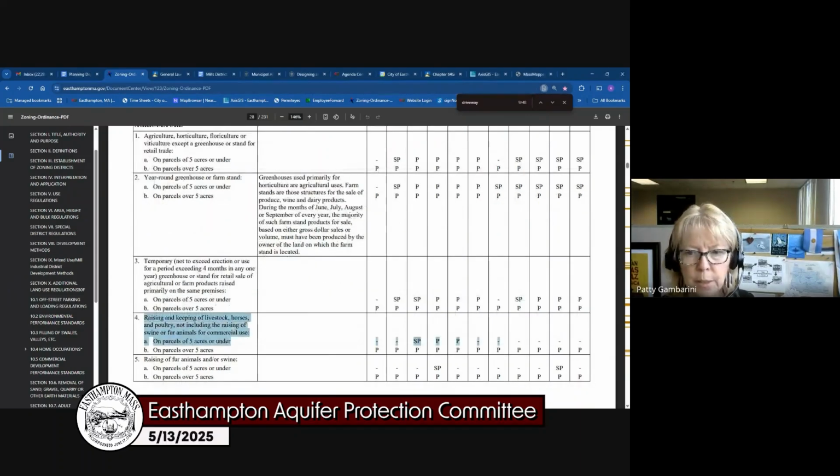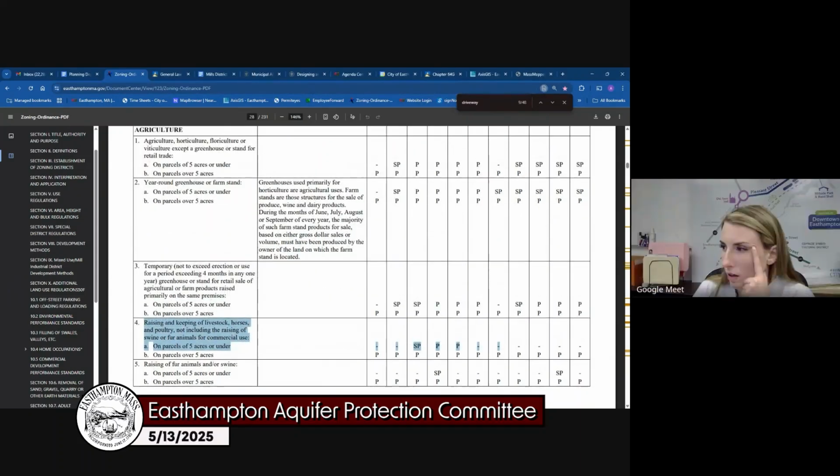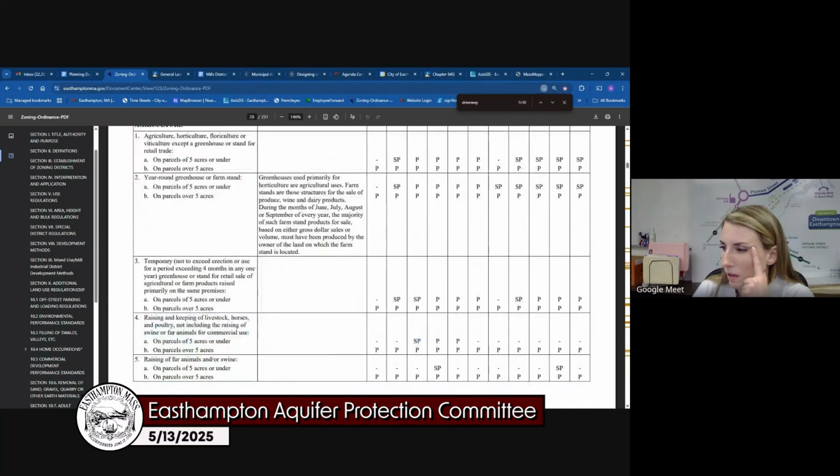I wondered if that was a typo. Yeah, that is odd. Maybe because R80 is the aquifer area, restricting animals and livestock and the byproduct of that.